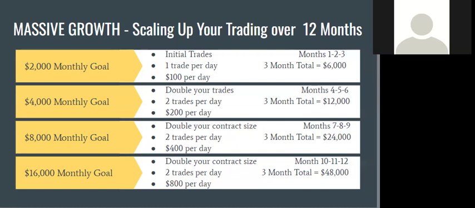And now what we're doing in month 10, 11, 12 is we're doubling our contract size again. You're still only looking for 2 trades per day, but by doubling your contract size again, you're locking in $800 per day. And that 3-month total, because it's $16,000 per month, that 3-month total right there is $48,000 for 3 months. It's $16,000 each month.